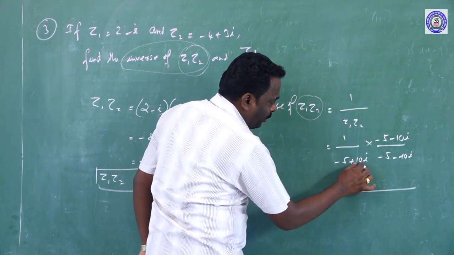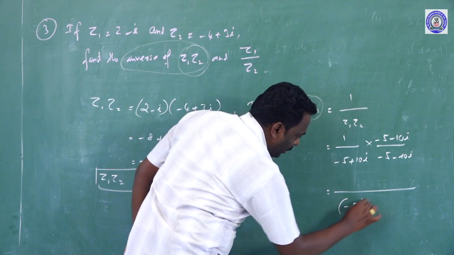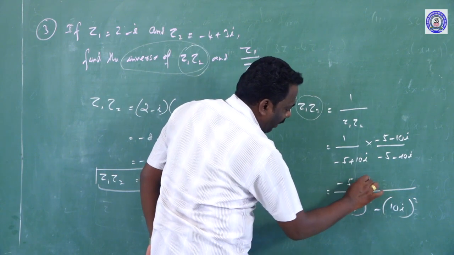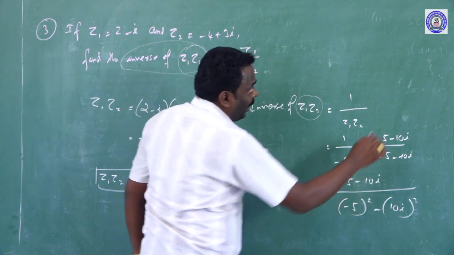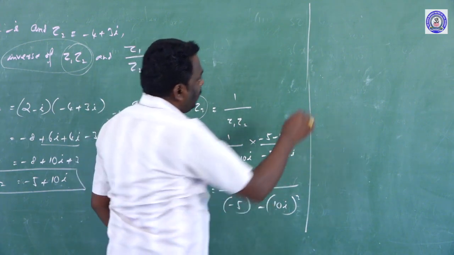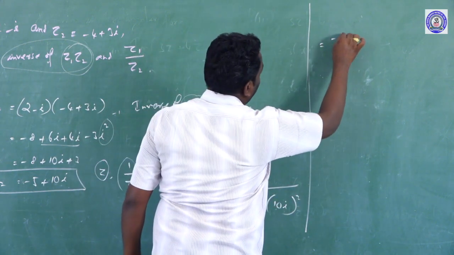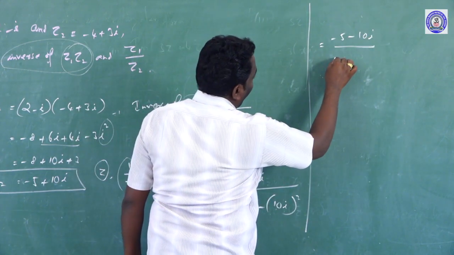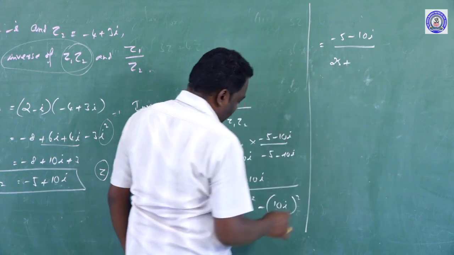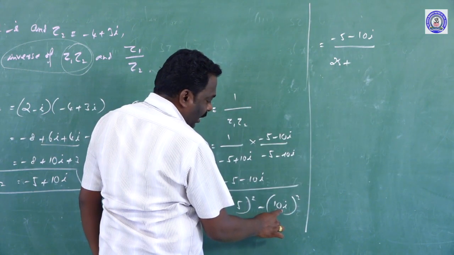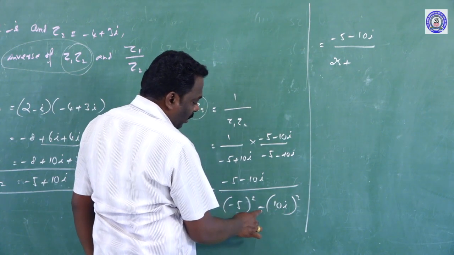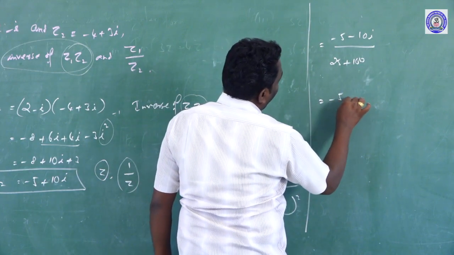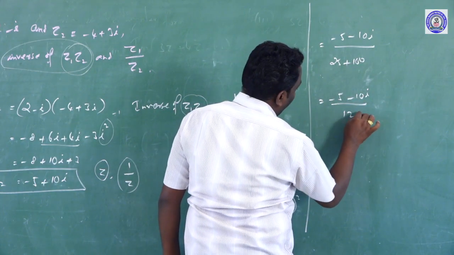Again it is of the form a plus b, a minus b, so in the denominator we get minus 5 whole square minus 10i whole square, with minus 5 minus 10i as the numerator. Simplify: 5 squared is 25, plus minus 10 squared is 100, and i square equals minus 1, so minus 1 into minus gives plus 100. That is minus 5 minus 10i by 125.